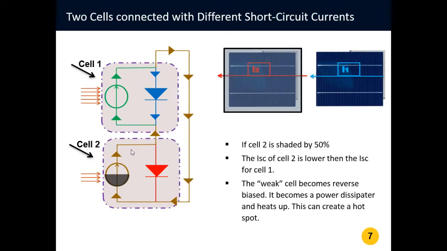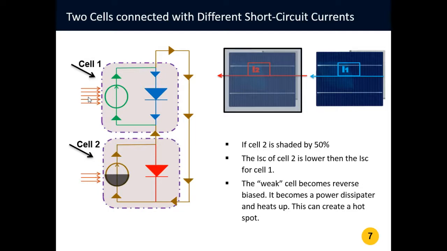Or it could have decreased performance due to a defect or a crack within that module. So for whatever reason, this cell 2 is producing 50% of the current compared to the other cell that it's in series connection with.